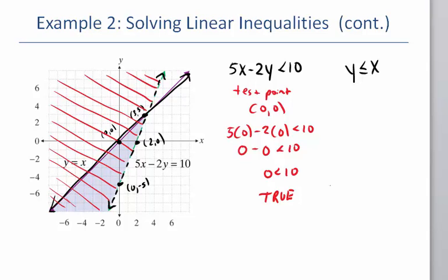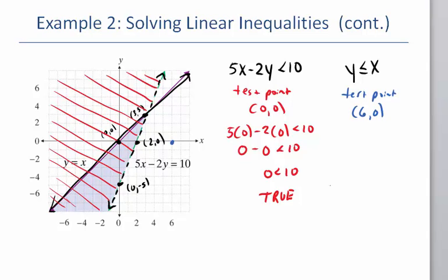Now, I'm going to do the same thing for the second inequality. I'm going to pick a test point. Again, let's try to pick something that's easy to plug in. Why don't we select the point 6, 0, which would be right about there. And you can use anything you want as long as it's not on the line.